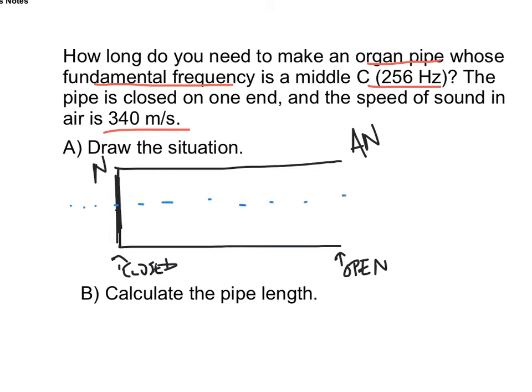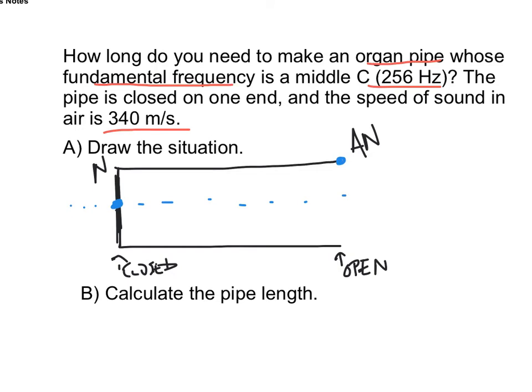So generally, the way that I draw a standing wave in a pipe is with the amplitude of my wave representing the oscillation, the amount of wiggle each of the air molecules at that position is exhibiting. So at this end here on the left, I have a closed end, I should have a node. And at the opposite end, I should have an antinode.